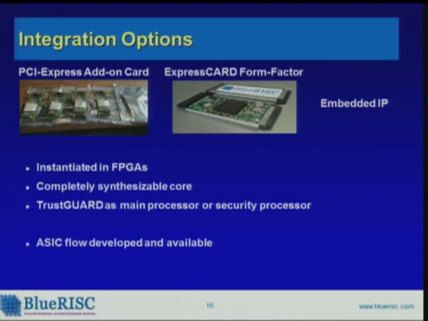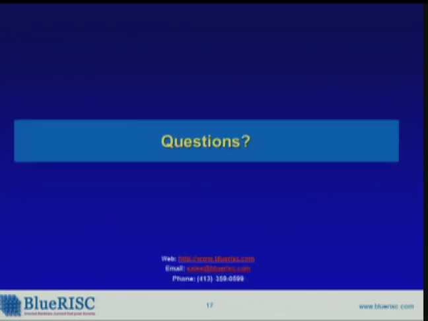The Express card, PCI Express, these are available off the shelf with complete design environments and all of the design deployment and maintenance support. We have gone down the ASIC flow path, and we do have an ASIC flow developed and available, but we have not taped it out. As we've gotten into deeper discussions with customers, we've realized that FPGAs are pretty good right now, and we have yet to tape out the ASIC.